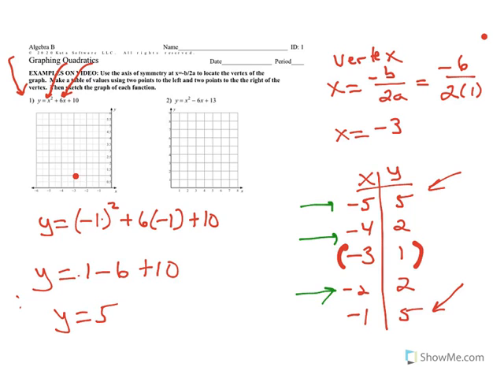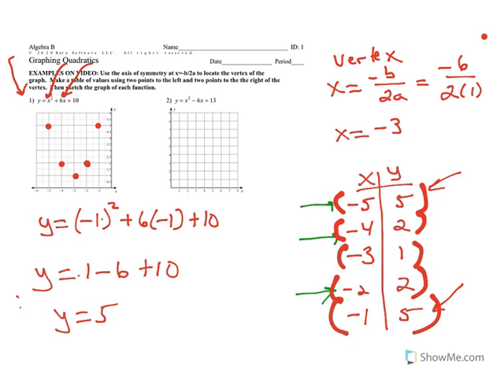And the next one we'll do the negative 4 comma 2. So find negative 4 on the x and 2 on the y. And then we'll do the negative 5 comma 5. So find negative 5 on the x and 5 on the y. And then we'll do the negative 2 comma 2. And the negative 1 comma 5.